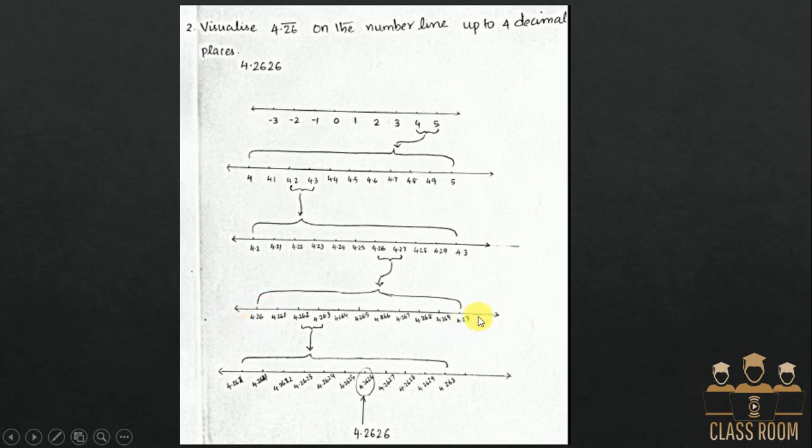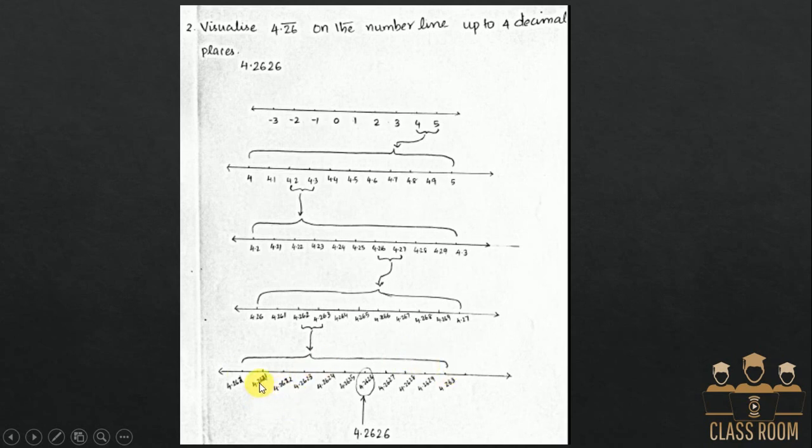So between 4.26 and 4.27 we have 4.261, 4.262, 4.263, 4.264, 4.265, 4.266, 4.267, 4.268, 4.269, 4.27. So again our number is between 4.262 and 4.263, right? Again we are magnifying 4.262 and 4.263.